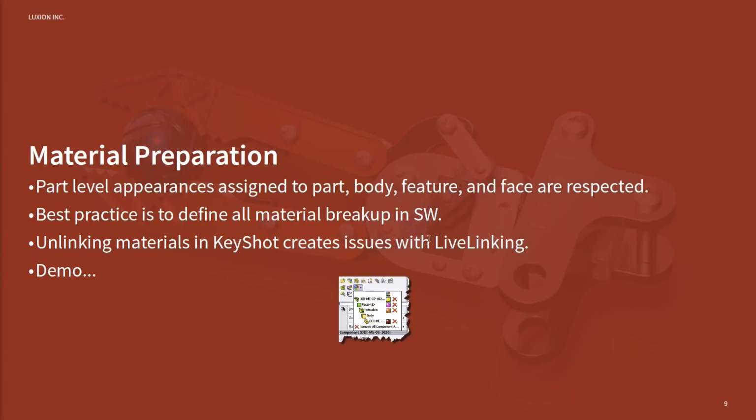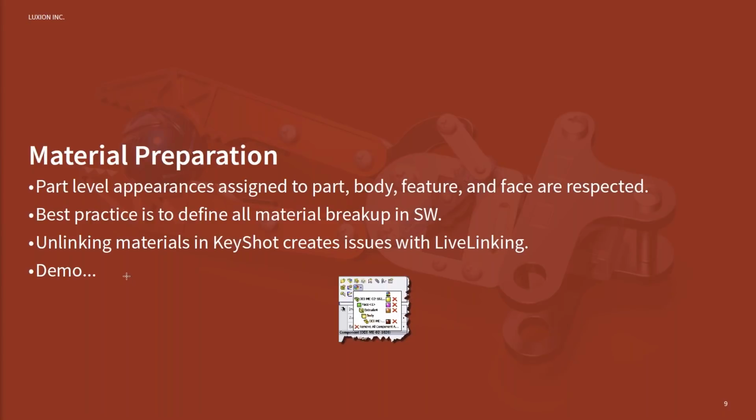And the reason why the best practice is to define that material breakup in SOLIDWORKS is that once you start unlinking materials in KeyShot, that's where the issues occur. And I think this is the feedback from customers that the sales team received, that when they go to update their geometry, they lose their materials, or their materials get swapped around.